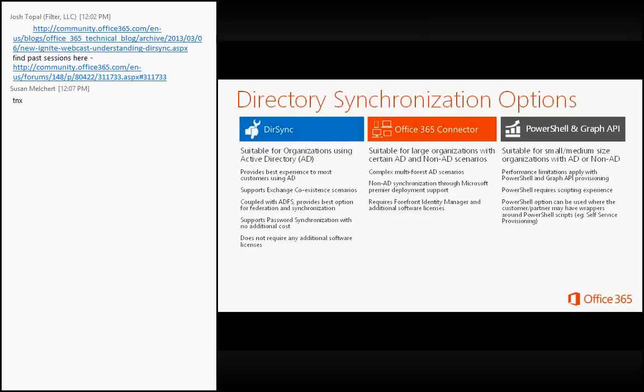The Office 365 version allows us to sync from multiple forests, for example, or from non-Active Directory identities, maybe if you've got something like Shibboleth on premise. But it does require the Forefront Identity Manager, the FIM server, and therefore you need the FIM server license that is also coupled with that.